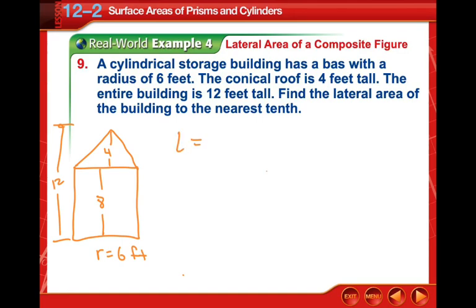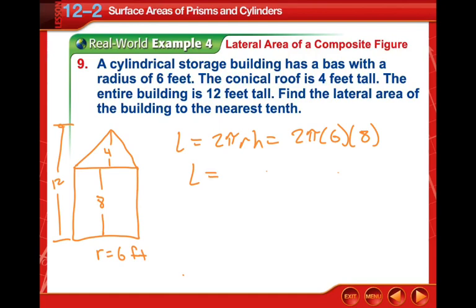So lateral area of a cylinder was 2 pi r h. So that is 2 pi times 6 times 8 for the cylinder.